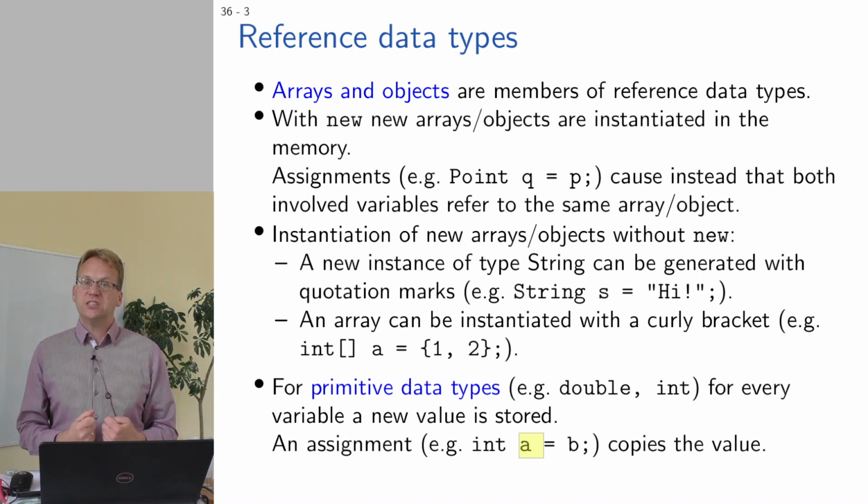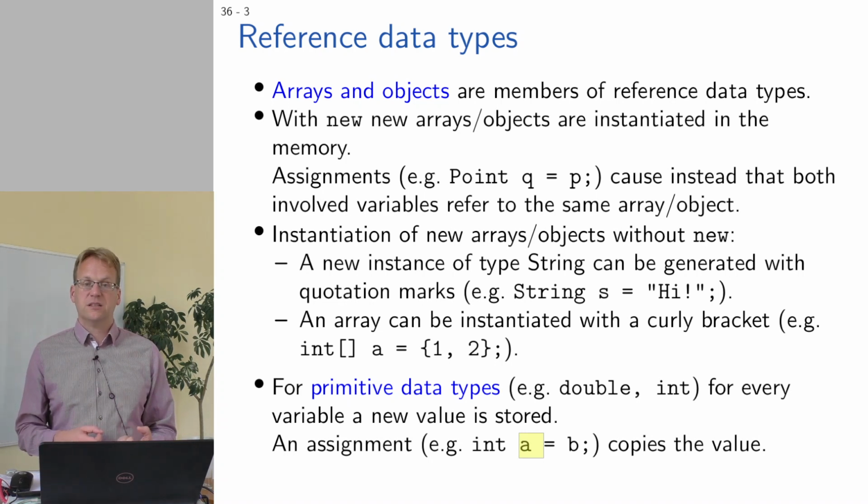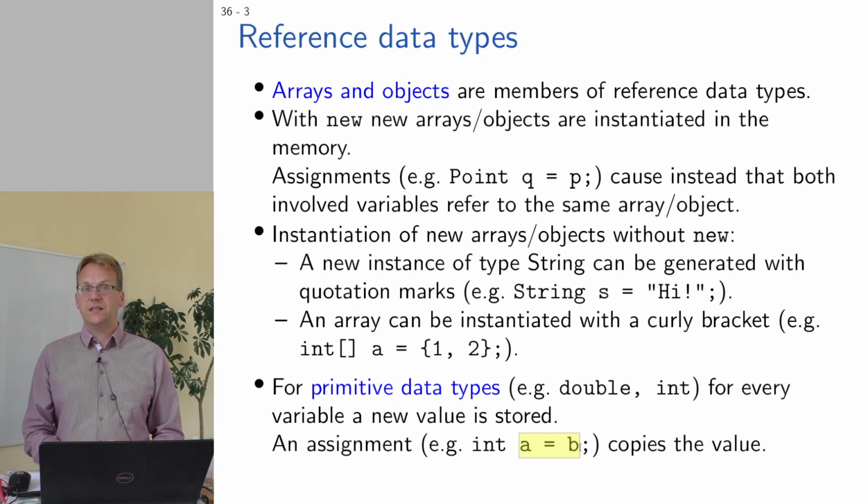So here we are creating copies of the data if we are working with primitive data types. That's why I think this chapter is quite important to understand what is going on when you work with arrays and objects on the one hand, or primitive data types on the other hand. The first is by reference and the second is by value. So you are creating copies of the values within these variables if you do such an assignment.